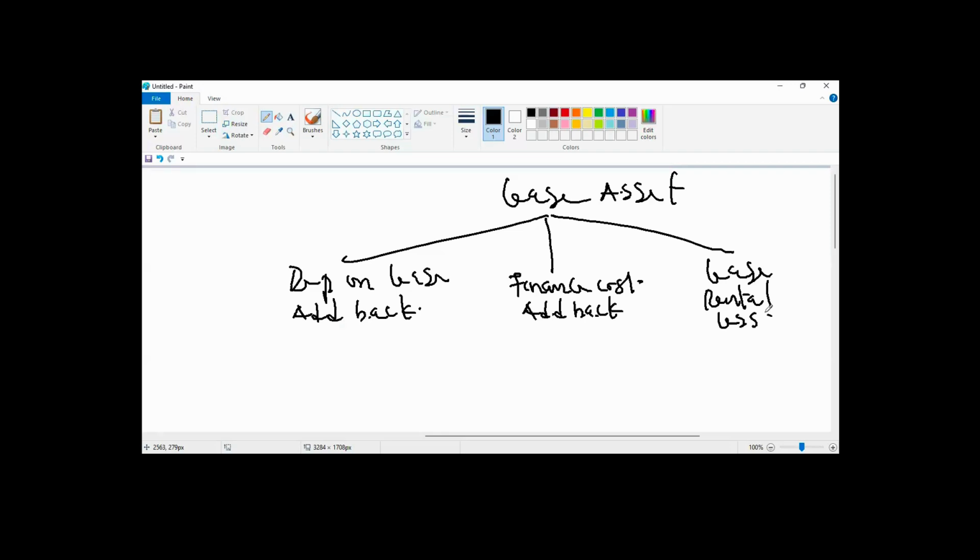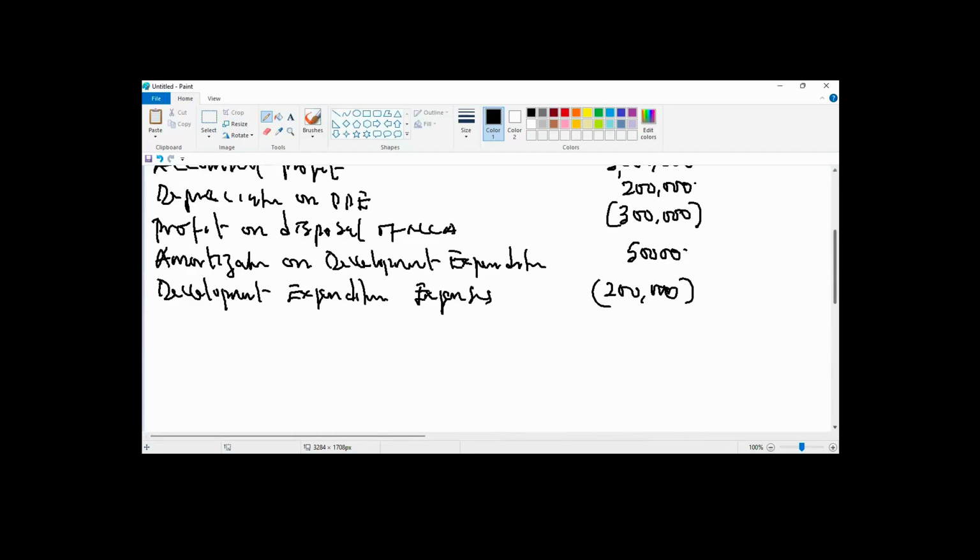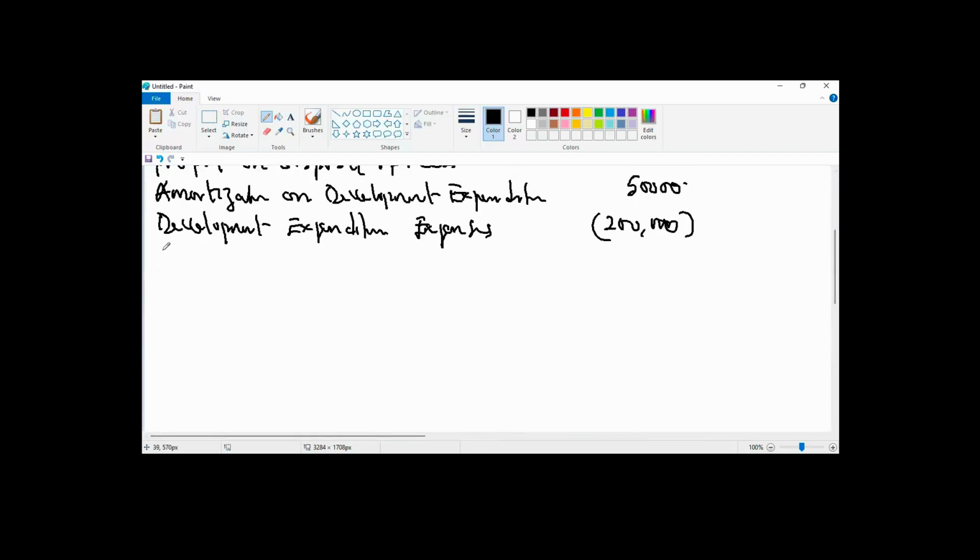Boja owns a plant on finance lease in which a sum of 65 has been charged as a finance cost. What do I do to the finance cost? You add back. Finance costs, 65.